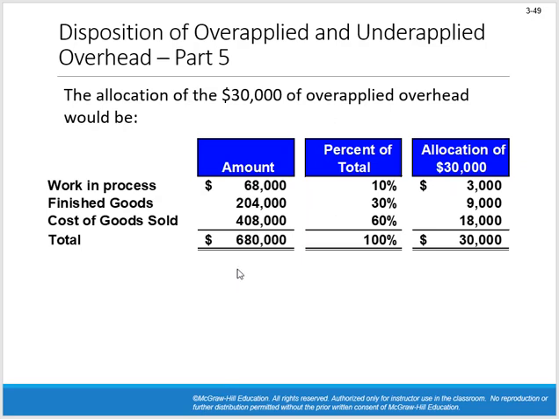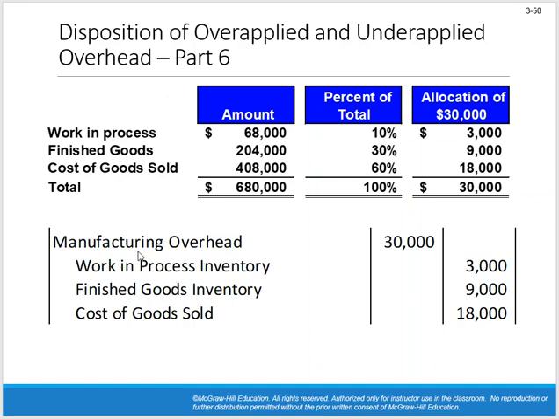So here's what that looks like. So we've got those percentages, 10%, 30%, 60%, and then we multiply them by 30,000. So 10% of 30,000 will come from WIP, 30% of 30,000 will come from finished goods, and 60% of 30,000 will come from cost of goods sold. And when we put that in journal entry form, we're debiting MO to bring it back to zero.